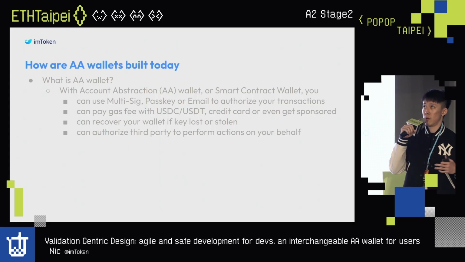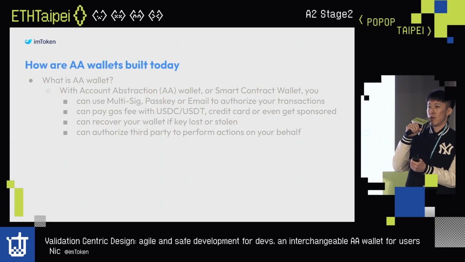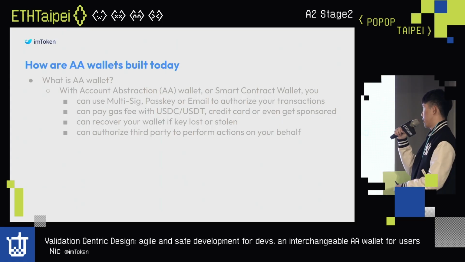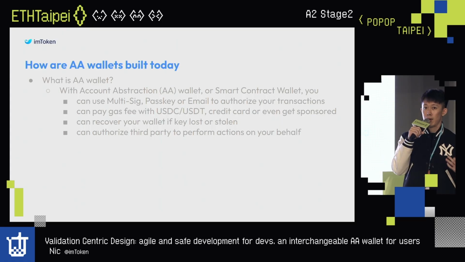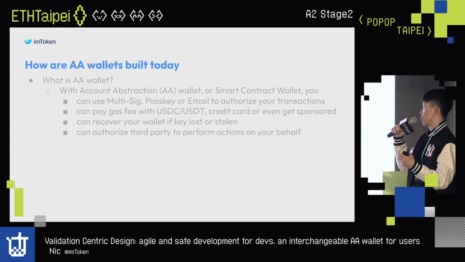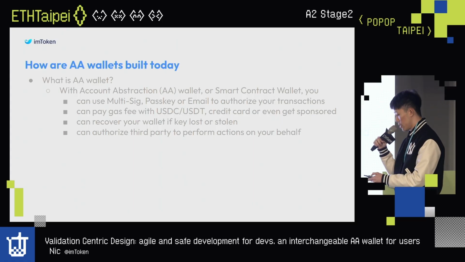For example, you want a monthly subscription to an app. You don't want to come out and use your wallet to pay for the subscription every month, every week. With a smart contract wallet, you can have a third party do that task, running the errands for you.